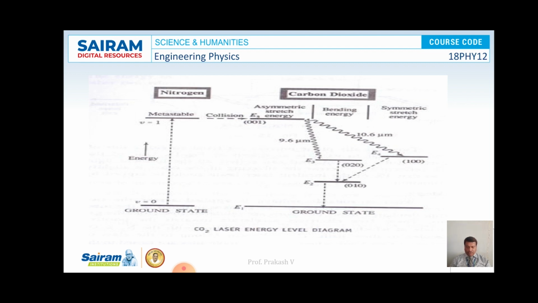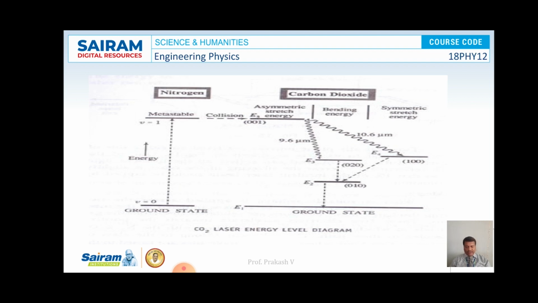Subsequently, the nitrogen molecule in the excited state collides with the CO2 molecule which is in the ground state and transmits its energy to the CO2 molecule, making it excited to the E5 level as shown in the picture. So the interaction is: nitrogen at excited state plus carbon dioxide molecule at ground state leads to carbon dioxide molecule at excited state and nitrogen molecule comes back to ground state.